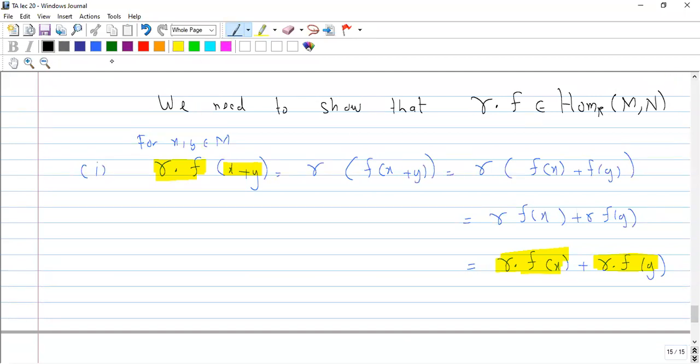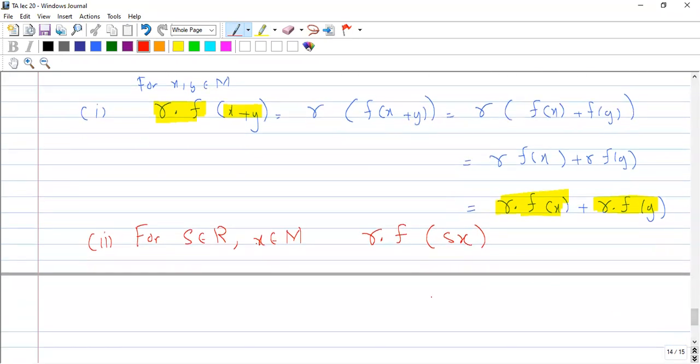Now this is for the second property, for s an element of R and x an element of M. So if I plug x into r dot f, by definition it is equal to r into f of sx.